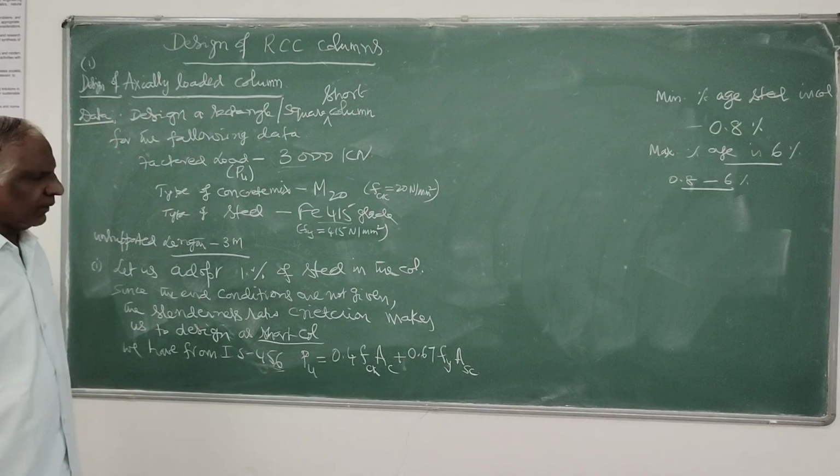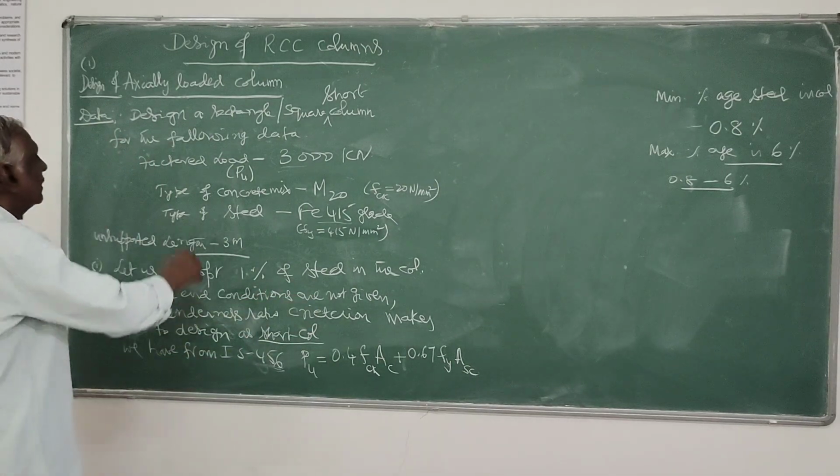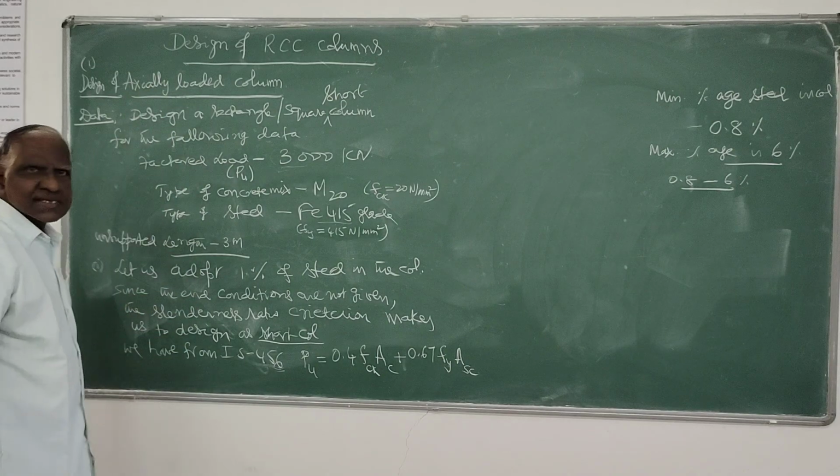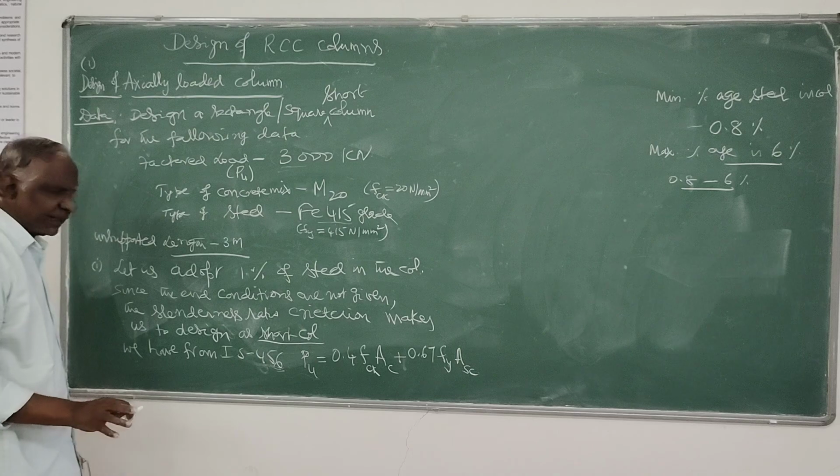This is the formula the code gives for a short column subjected to only axial load, no moment.